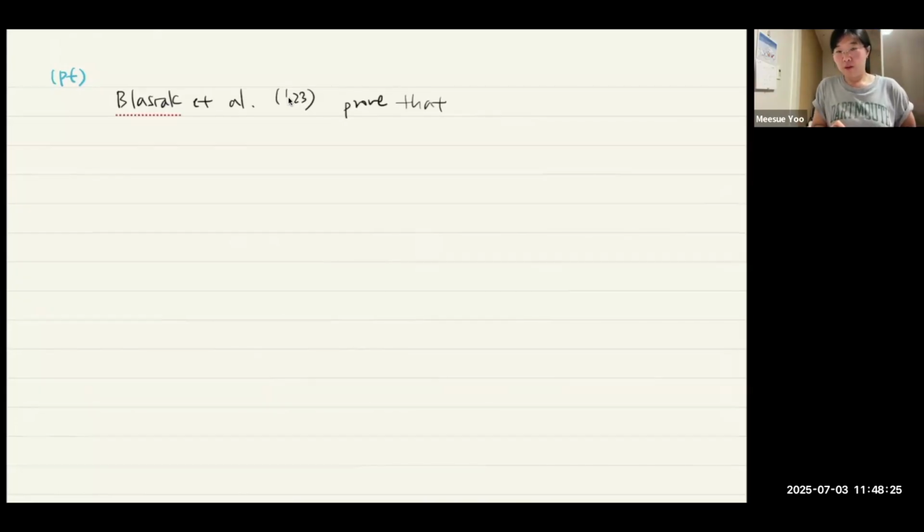Blasiak et al. proved the general symmetry of the LLT polynomials, not only the unicellular LLT polynomials.